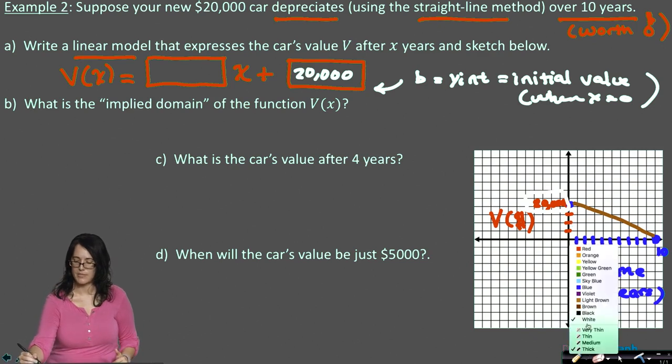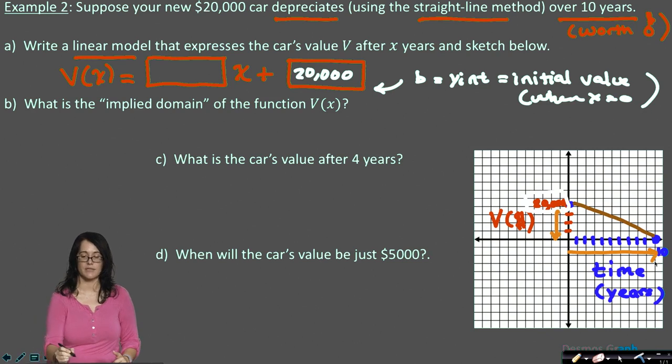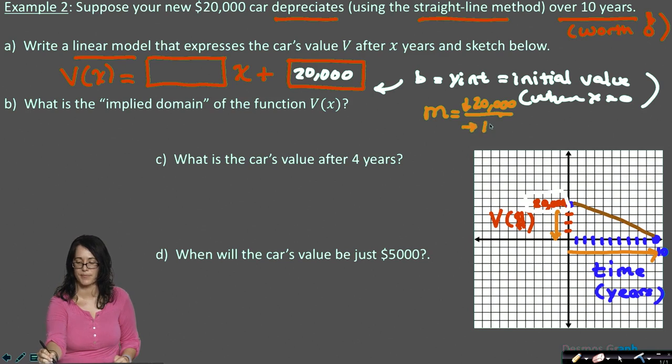Well, you could have noticed that in general, you went down $20,000 to make it valueless after 10 years. In fact, if you were thinking of rise over run, you went down 20,000 every 10 years. So in 10 years to the right.